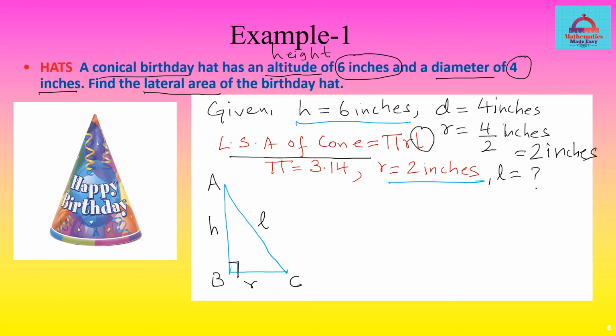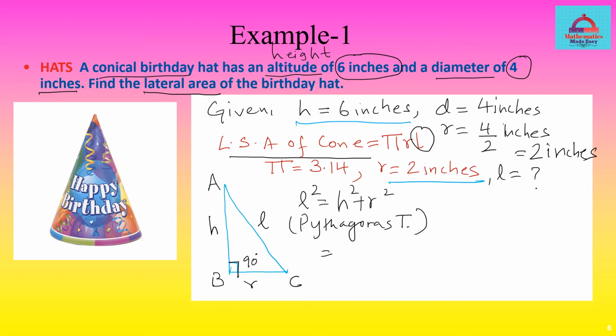And remember, it is a right cone, so definitely this angle is going to be 90. Okay then, when we see a right triangle, the first thing you should be recalling is your Pythagoras theorem. So let's apply the Pythagoras theorem because that is going to be very helpful in this question to get our slant height L.